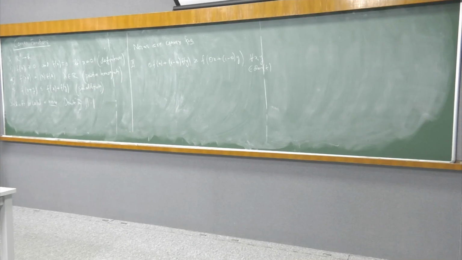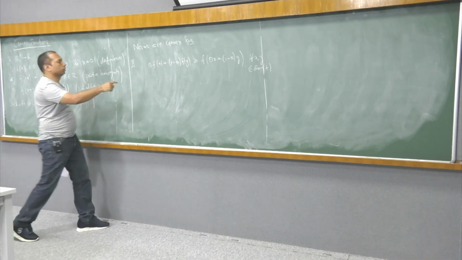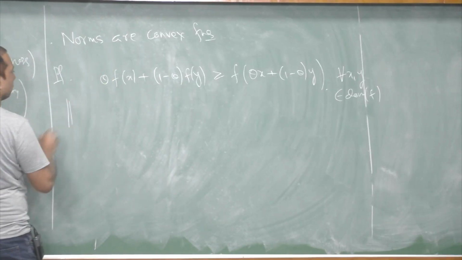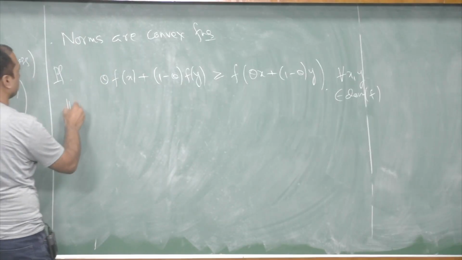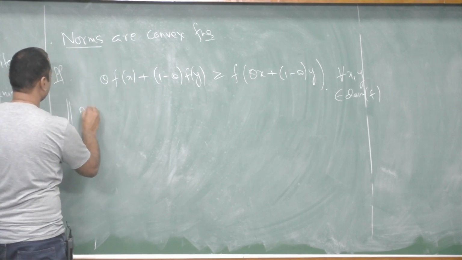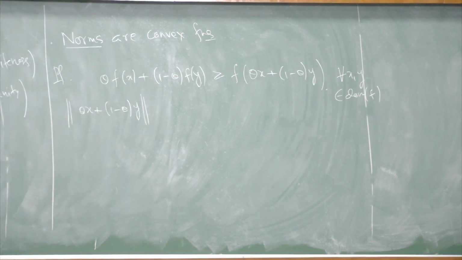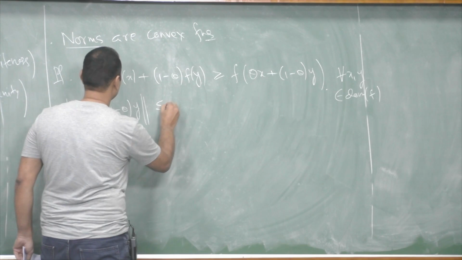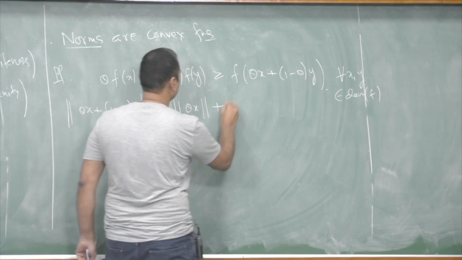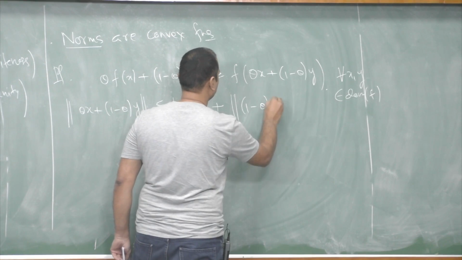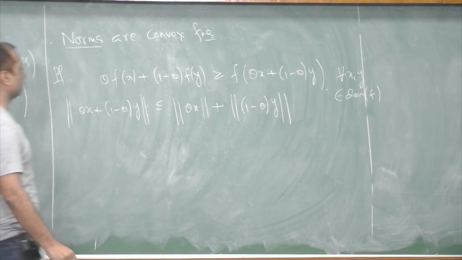We can essentially start from the right hand side, because subadditivity is a less-than-or-equal inequality, so it makes sense to start from here. Let us use the usual notation for the norm. The function is the norm of theta x plus 1 minus theta y. This is of the form x plus y, so we apply subadditivity here. So this is theta x plus 1 minus theta y, and then we apply positive homogeneity.